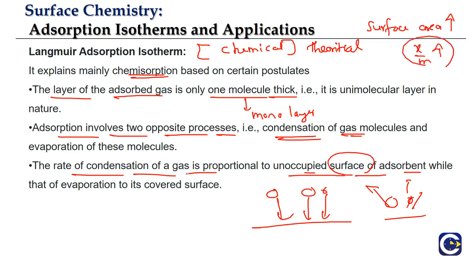So the rate of condensation is proportional to the unoccupied surface area, which means if some part of the area is already occupied, the remaining available area will decide the rate of condensation, while the rate of evaporation is proportional to the covered surface. The covered surface is basically the surface that is already occupied by the gas particles.